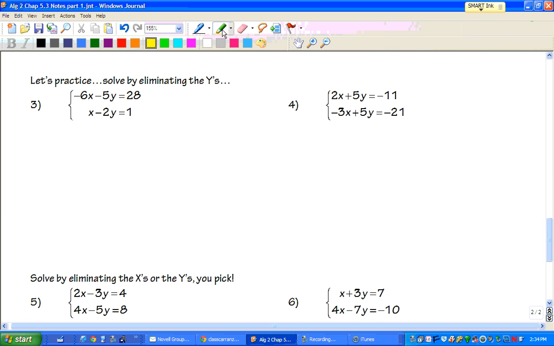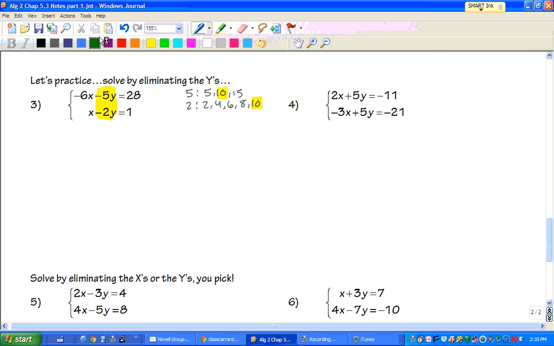Now, instead of canceling the x's this time, we're going to practice canceling the y's. So, we would need to do the same thing. We would list the multiples of the y's. Now, you might right away know what it's going to be. And it's going to be 10. Okay?